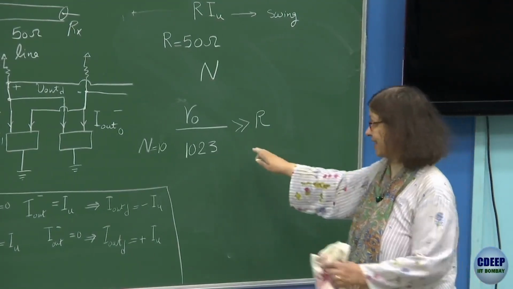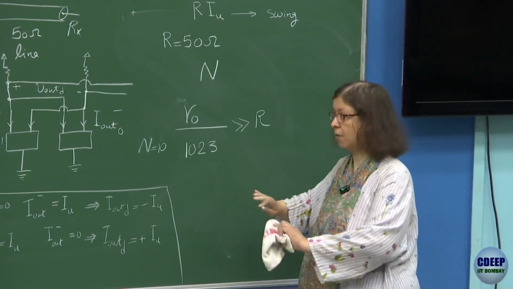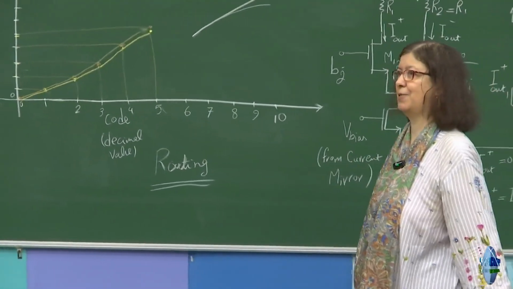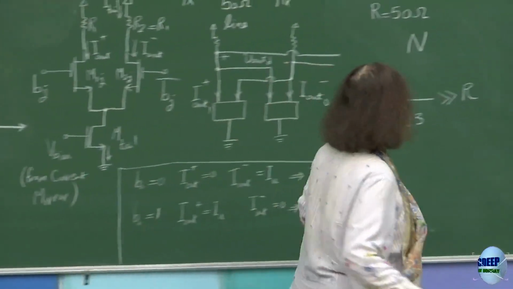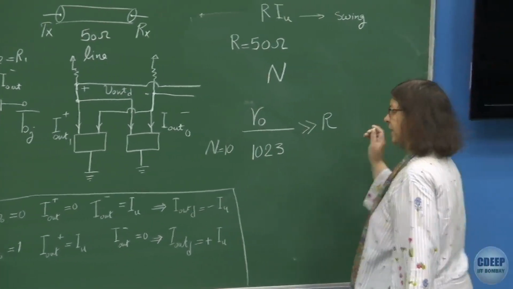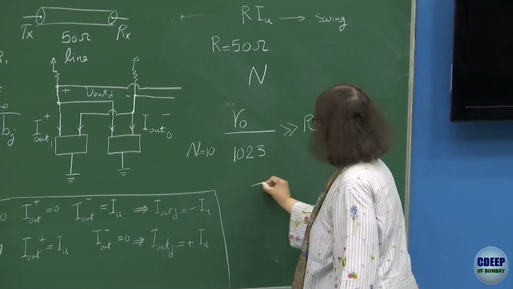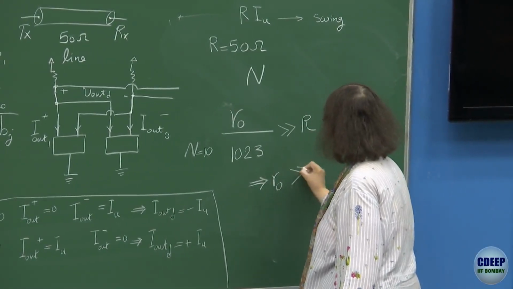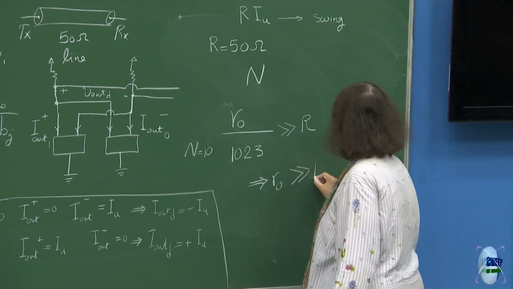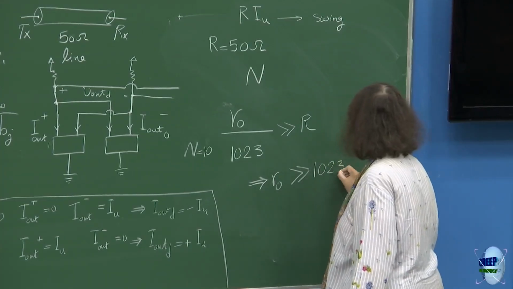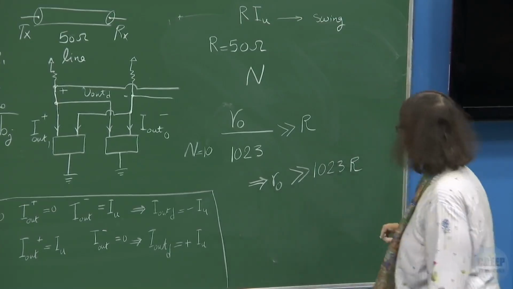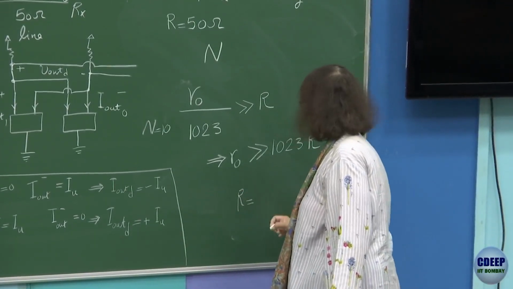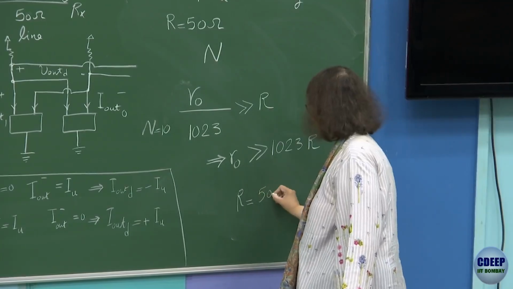Eventually, this is the ideal case, because now effectively we say that INL due to this effect is negligible. So we are going to the extreme to make it negligible. That means RO should be much more than 1023 multiplied by R. R is already, say, 50 ohm.